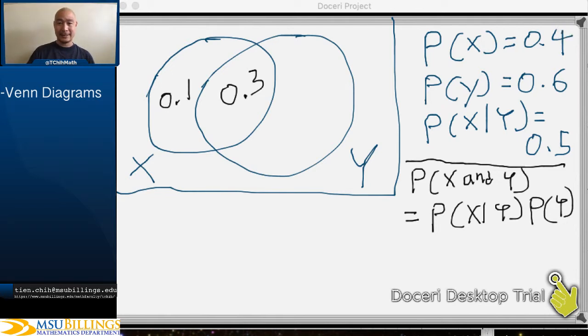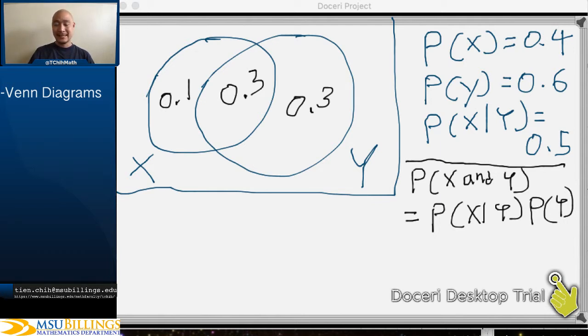All right, and now P of X, 0.4, is definitely 0.1 plus 0.3. Then if we want to fill out the rest of Y, the total of Y is 0.6, 0.3 of Y is in X, so another 0.3 has to be sitting outside of X, right?